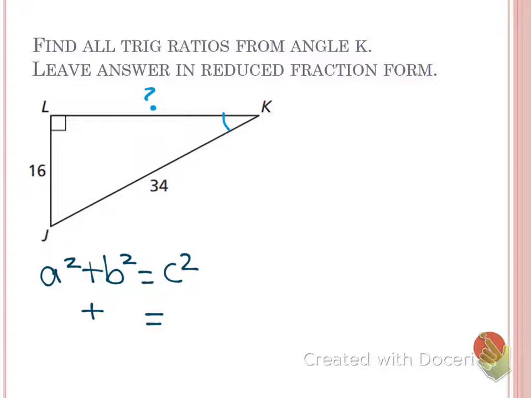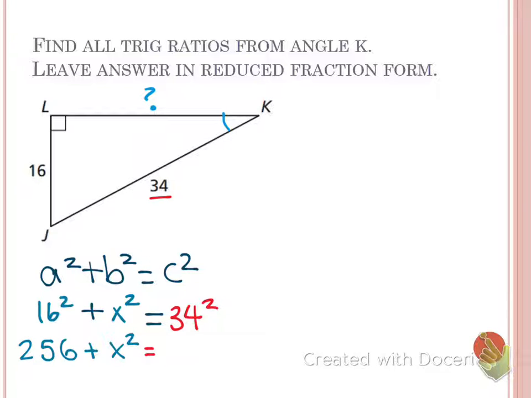Which of these is c? 34. And we'll have 16 squared and x squared. 16 squared is 256 plus x squared. What is 34 squared? 1156.